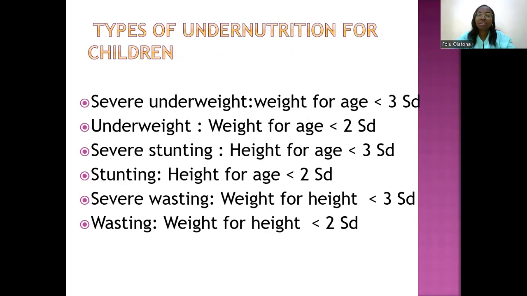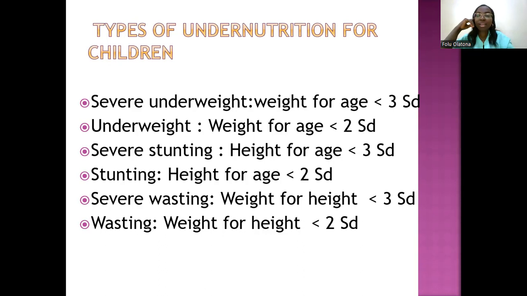Severe underweight is when the weight for age is less than 3 standard deviations. Then underweight is when the weight for age is less than 2 standard deviations. This means that you measure the weight, you know the age, and you find out how the weight for age is related to the international standard.